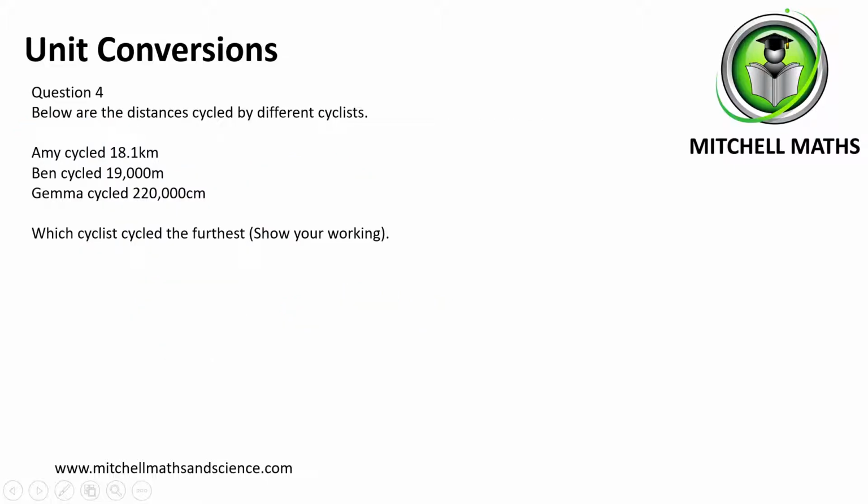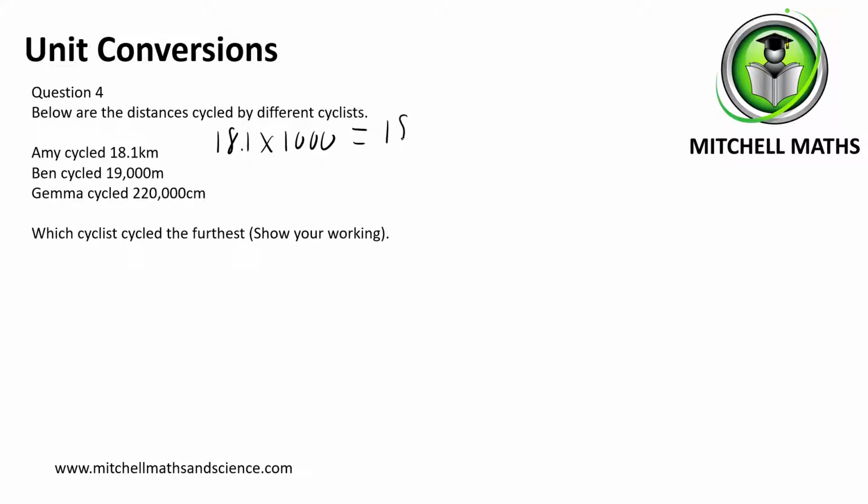And for the final question, below are the distances cycled by different cyclists, which cyclist cycled the furthest? Well, they've given me some data and it's all in different units, so I'm going to need to convert it to the same unit. I'll probably convert them to metres, that'll possibly be the easiest. I'll do 18.1 times by 1,000, because there's 1,000 metres in a kilometre.